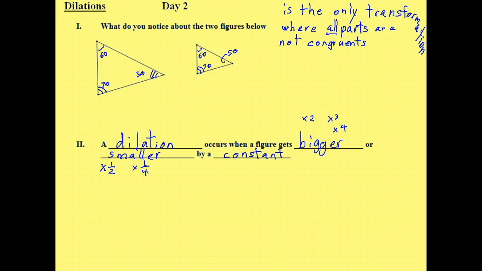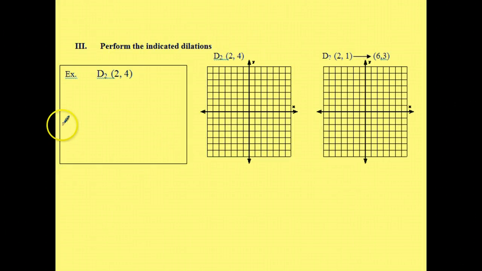So let's look at what dilations do. So when you perform a dilation, the big D stands for dilation. The 2 is the constant, and the point, or whatever you're dilating, is the thing you're dilating.